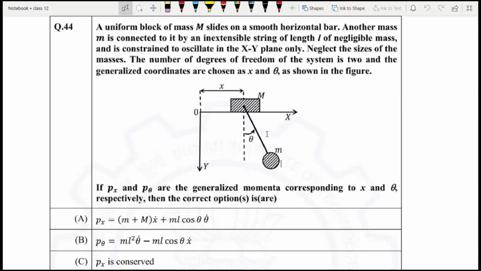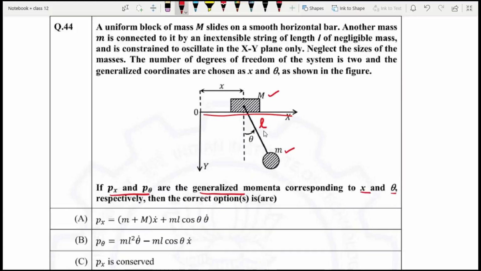So in this question, they have taken a block of mass m and it slides along this horizontal surface. It is at a position of x from the origin of the axis and it is connected to another mass, a small m bob, through an inextensible string of length L. They have given p of x and p of theta as the generalized momenta of x and theta.